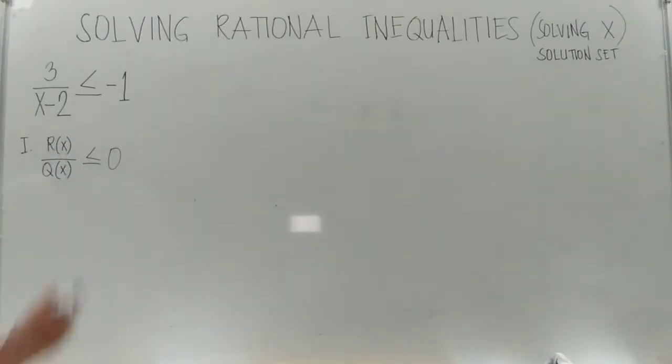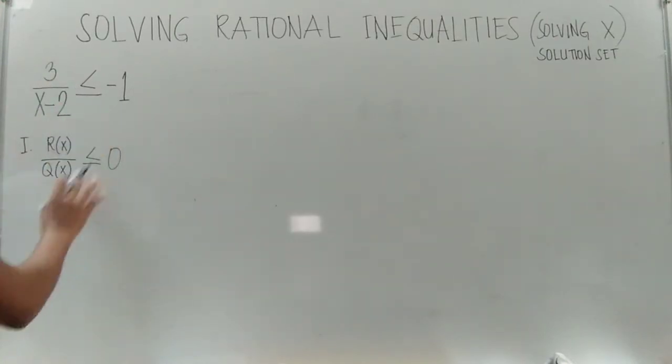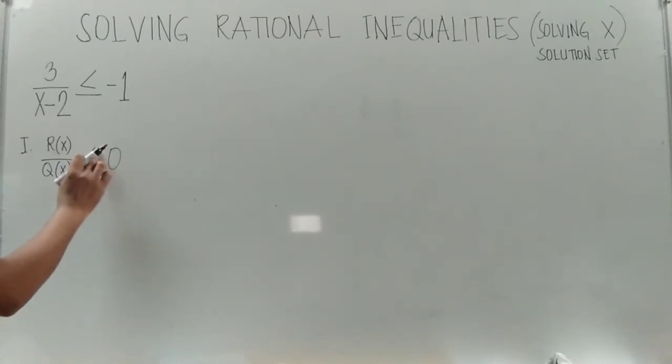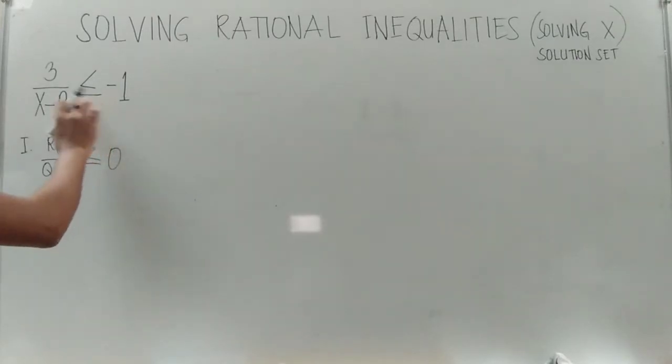Okay? So how can we get to this form? We have negative 1 on the other side. Before that, on this symbol, we have less than or equal to. It will depend on the case of your given rational inequality.